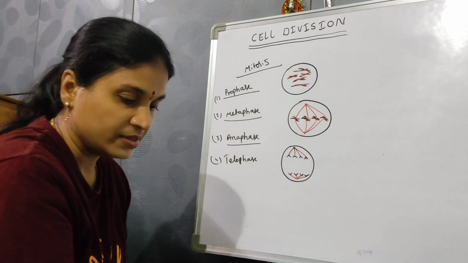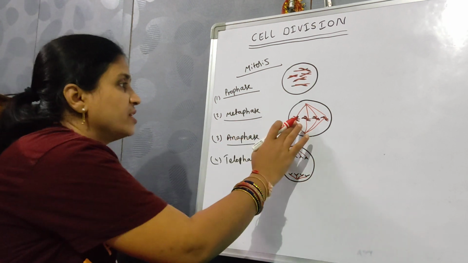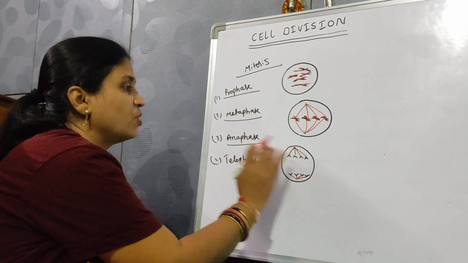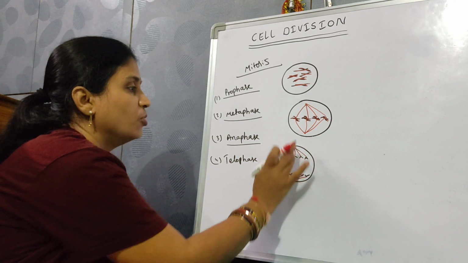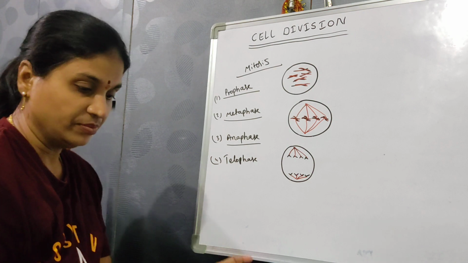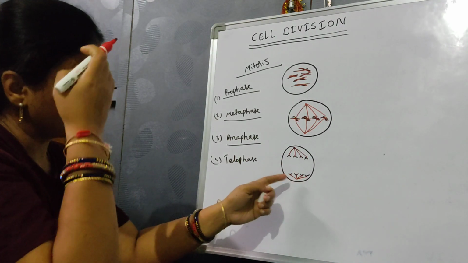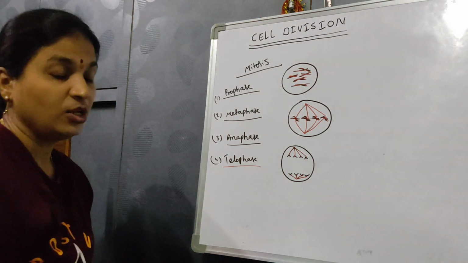Okay. So centromeres split up and chromatids separate. So in the anaphase, the centromeres split up, and the chromatids move to the opposite poles. This is about anaphase. Coming on to telophase.